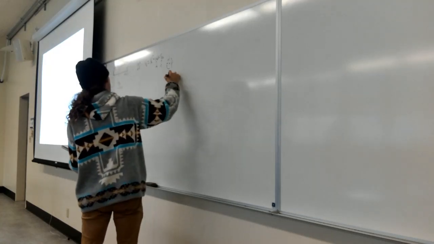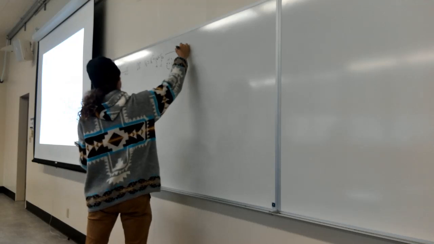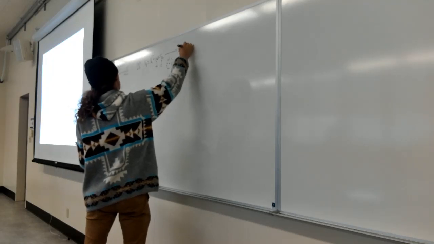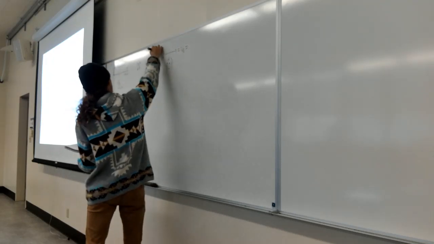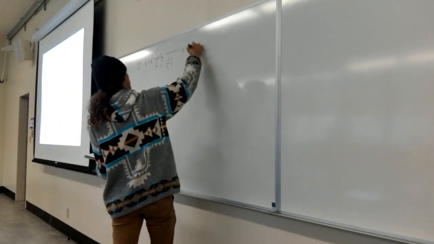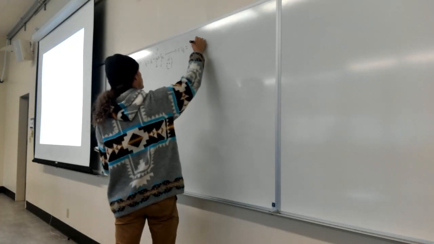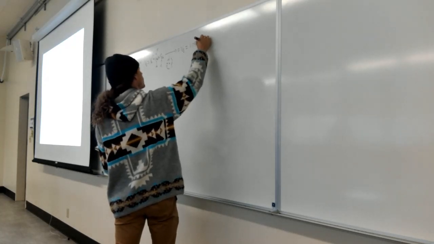So VB is equal to, this omega is 10, right? So 10 times 0.175 is going to be 1.75 meters per second j hat.